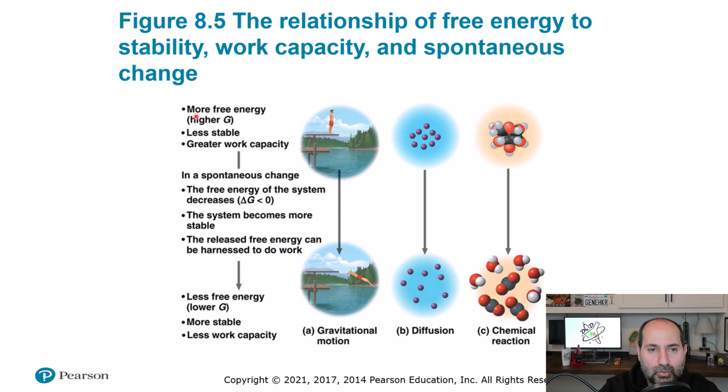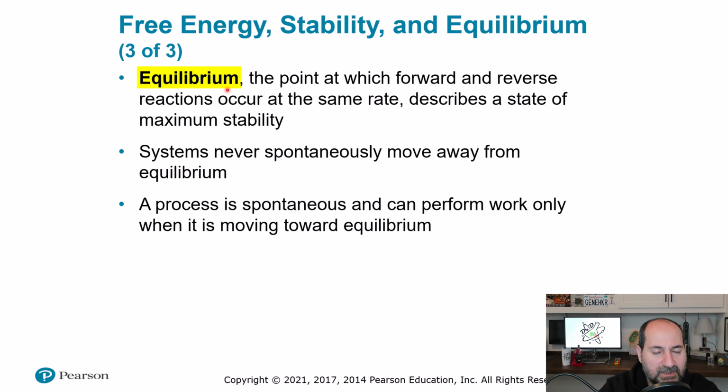Remember, the more free energy of a system, the higher the G, the less stable the system, with the greater work capacity. The lower the G value, that means less free energy. It's more stable with less work capacity. Remember, equilibrium is when delta G equals 0.